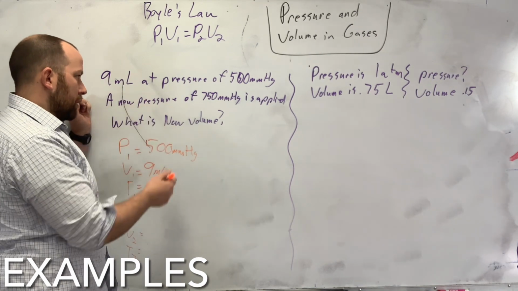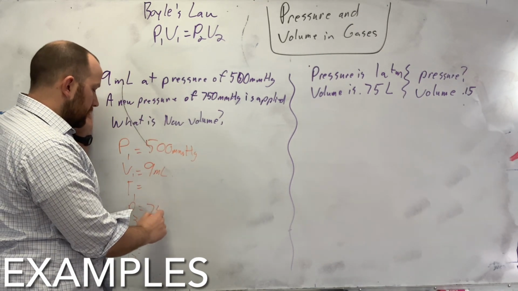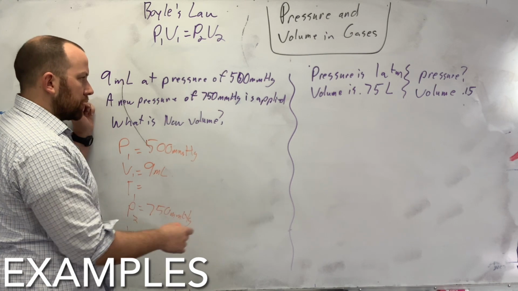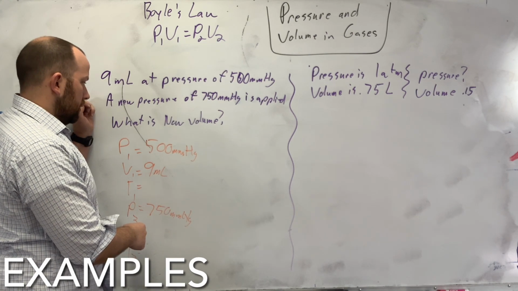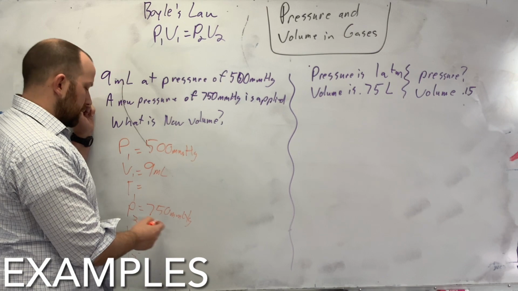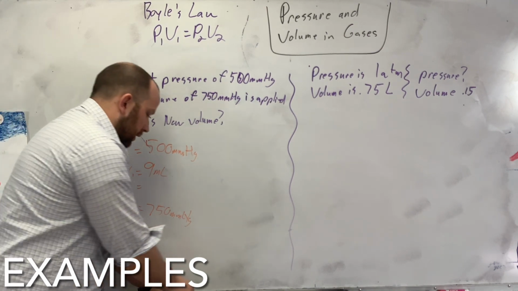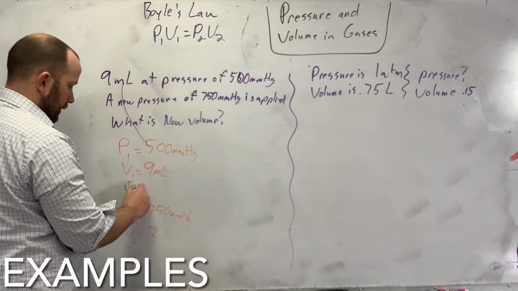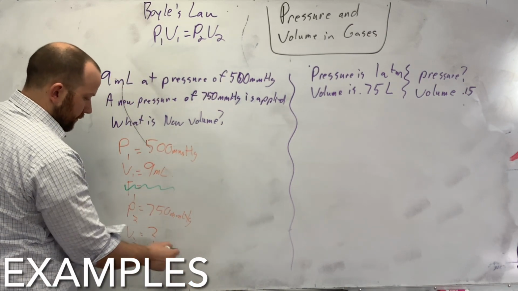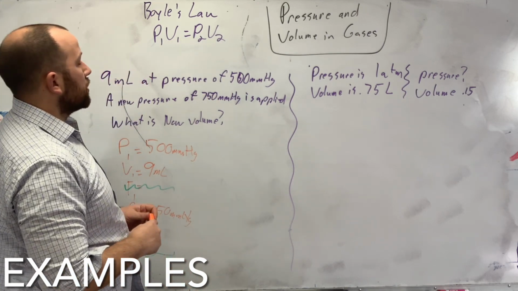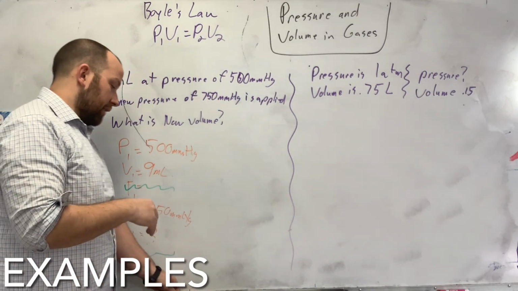Now it says a new pressure of 750 millimeters of, I believe that's mercury, is applied. What is the new volume? It doesn't say anything at all about temperature, so I just mark it off. I don't need temperature. So now I know I'm going to use Boyle's Law because I have pressure, volume, and then a new pressure and a volume.